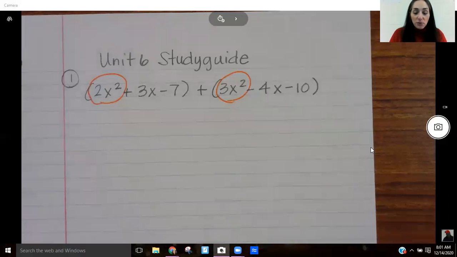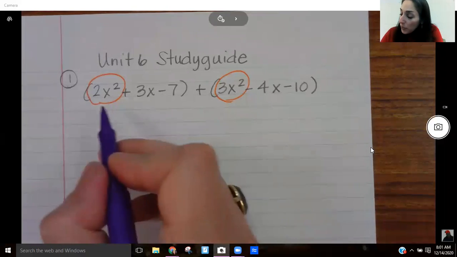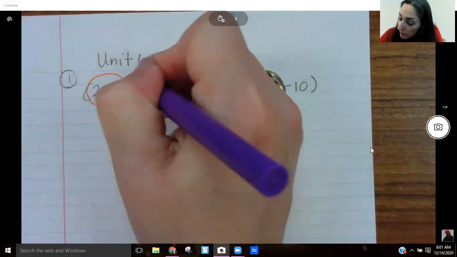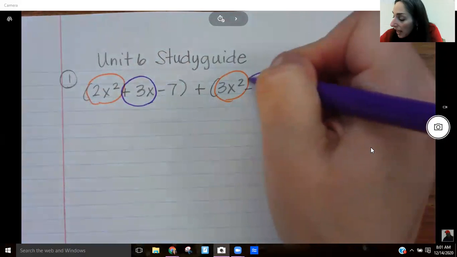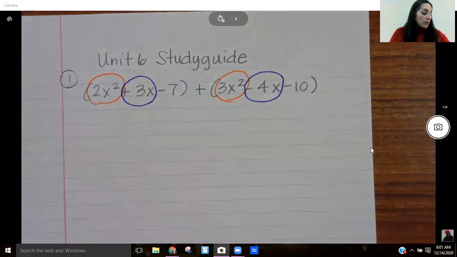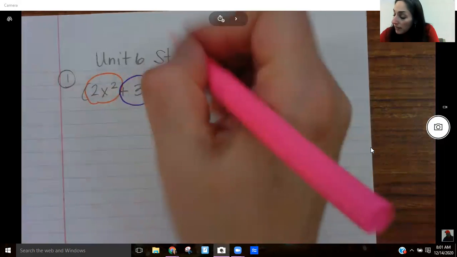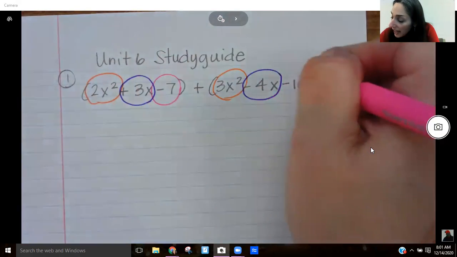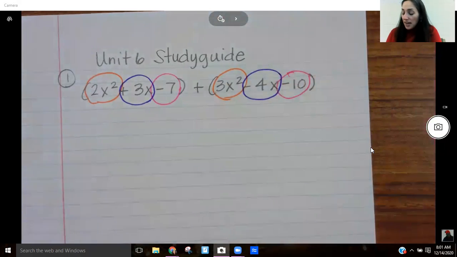We're combining like terms with number 1. Combine the 2x squared and 3x squared. Combine the positive 3x and the negative 4x. And then combine the negative 7 and the negative 10.